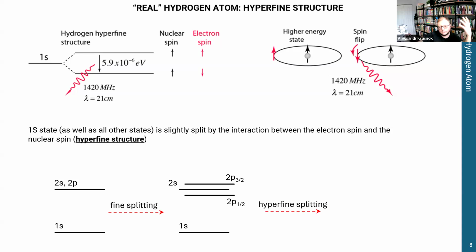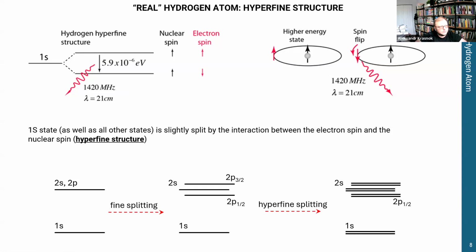And of course, we always have this hyperfine splitting too, which results in how many? Eight energy states. So everything is split. And so this transition between two hyperfine states in 1s is very important.